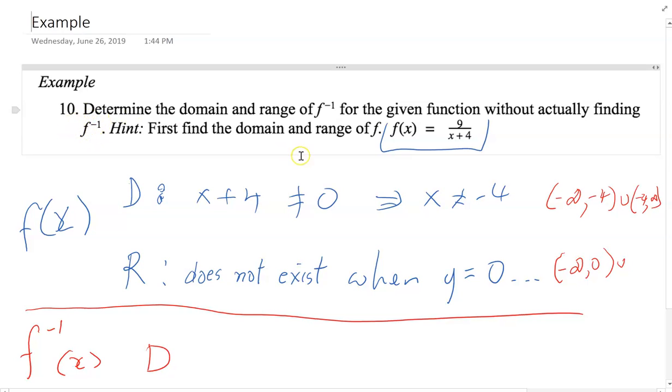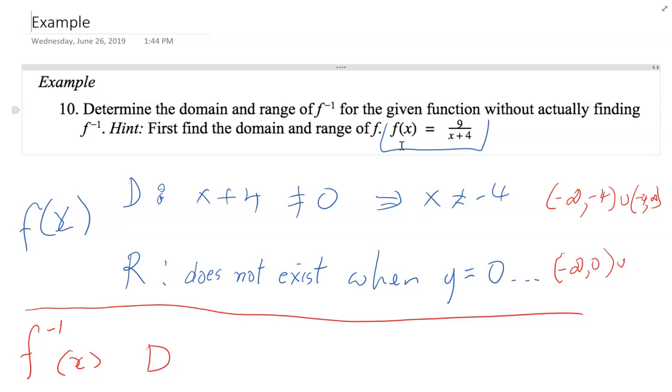So the cool thing about it is that if you know the domain and range of the original function, and these would exist if you switch them into the domain and range of the inverse, then that is it, provided the inverse exists. Right? So let's look at f of x is equal to 9 over x plus 4.